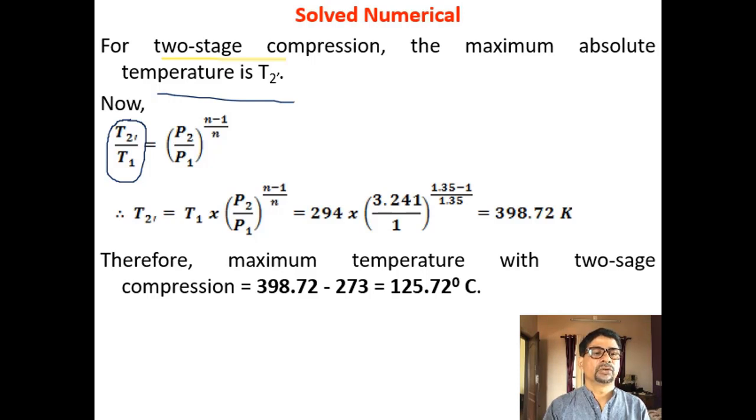So T2 dash is equal to T1 into P2 by P1 to the power n minus 1 by n. So 294, and P2 by P1 is 3.241 by 1, to the power n minus 1 by n. After substitution and simplification, you will get 398.72 Kelvin. That means in degree Celsius it is 125.72 degree Celsius. This is the maximum temperature with two-stage compression.